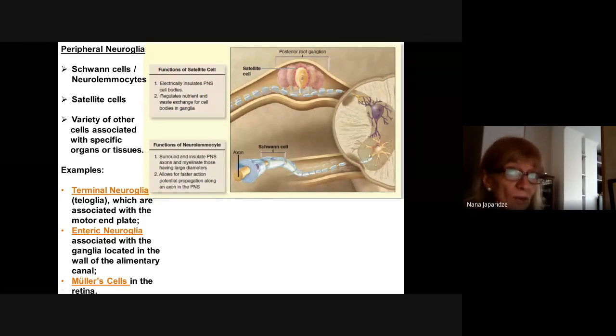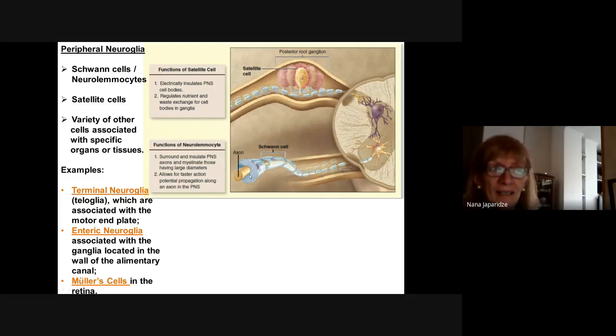Here oligodendrocytes are working very intensively, but immediately when this axon leaves the spinal cord and becomes the peripheral nerve, in this case a peripheral axon, Schwann cells start to myelinate these axons. Is it understandable?